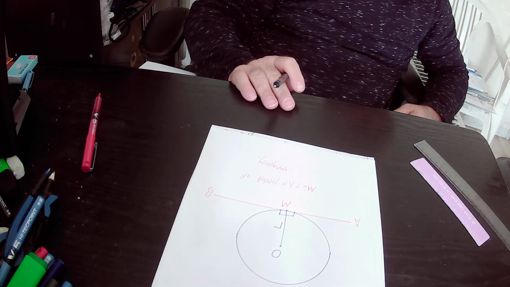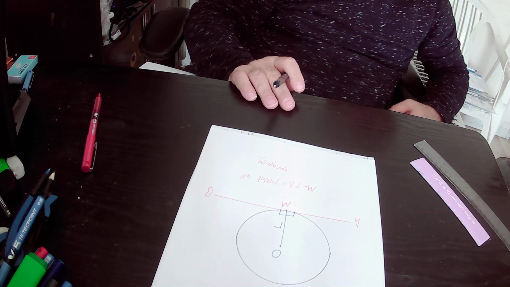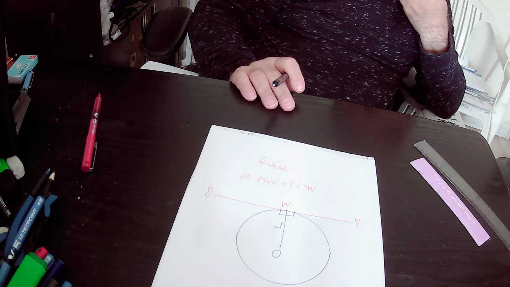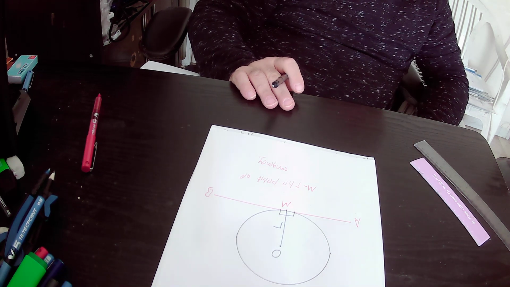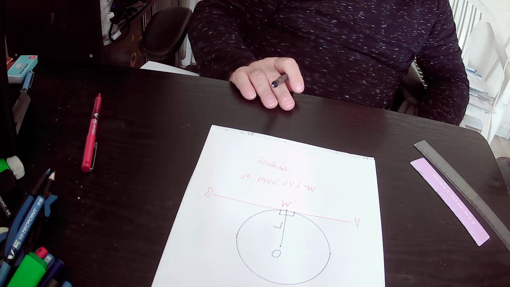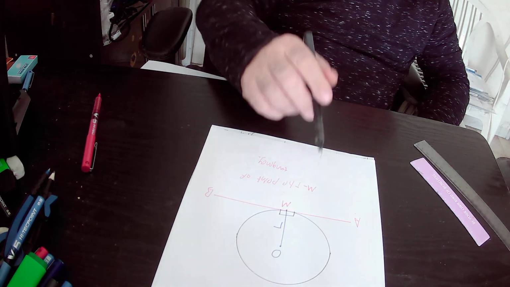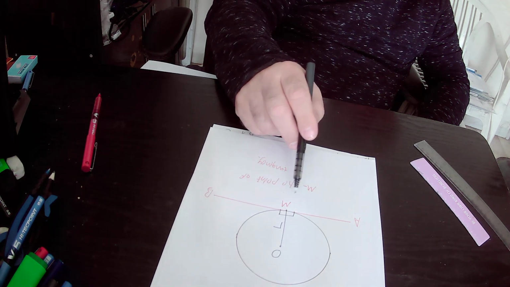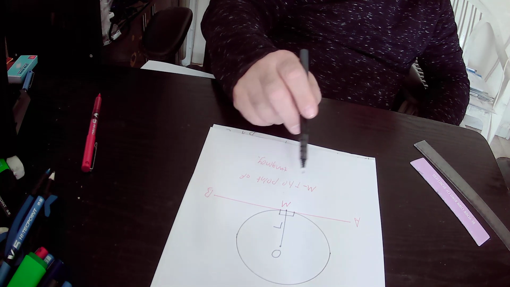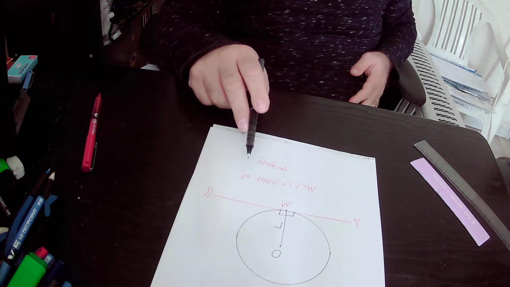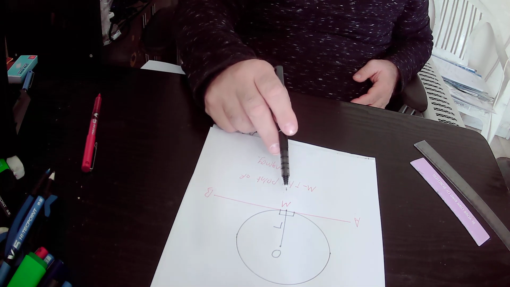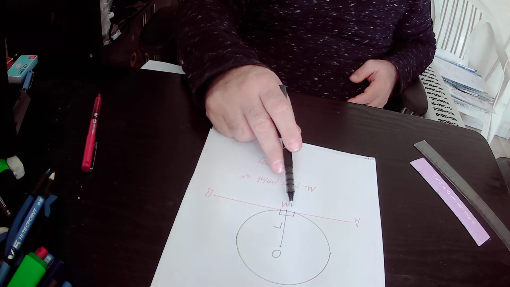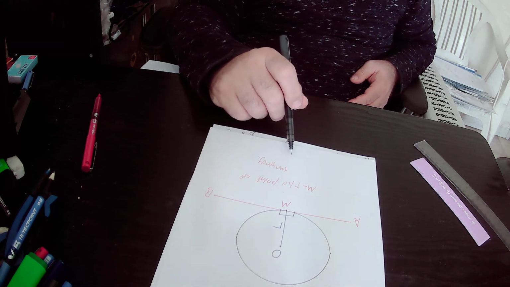Whenever you have a radius drawn to the point of tangency of the tangent, that tangent will be perpendicular to the radius. In this case, radius OM is drawn to the point of tangency M, therefore the tangent AB is perpendicular to this radius. This angle is 90 degrees and this angle is also 90 degrees. Okay?